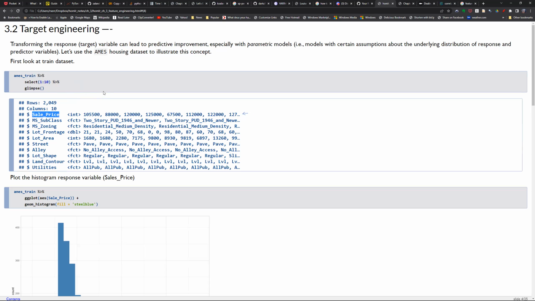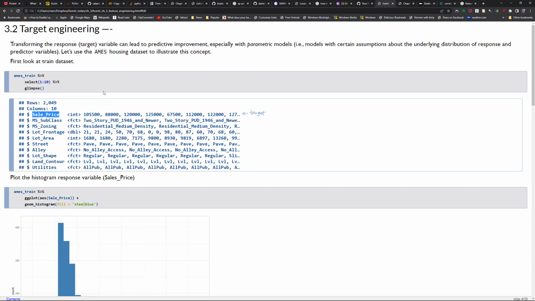And the sale price in this example is the target. So the data set is a bunch of information about housing units, and what we're going to do is predict the sale price.